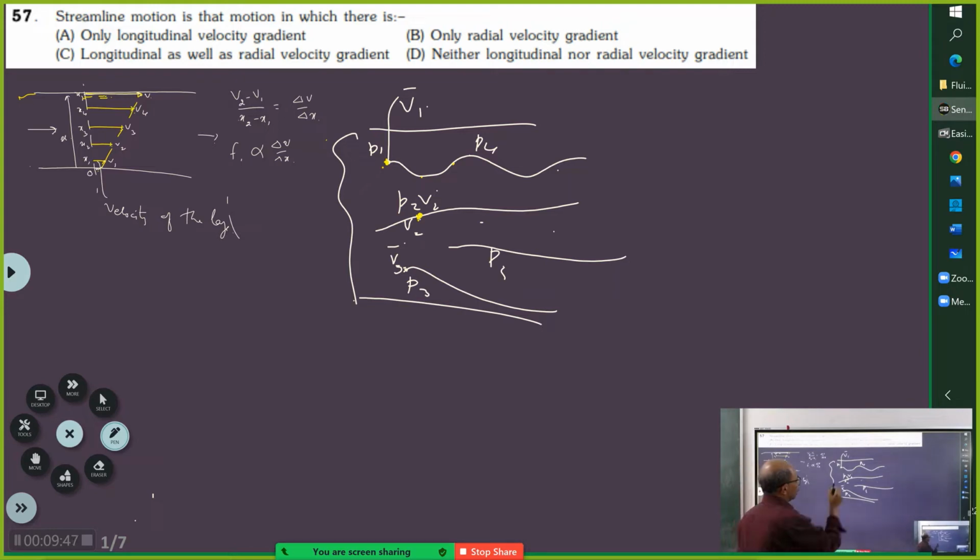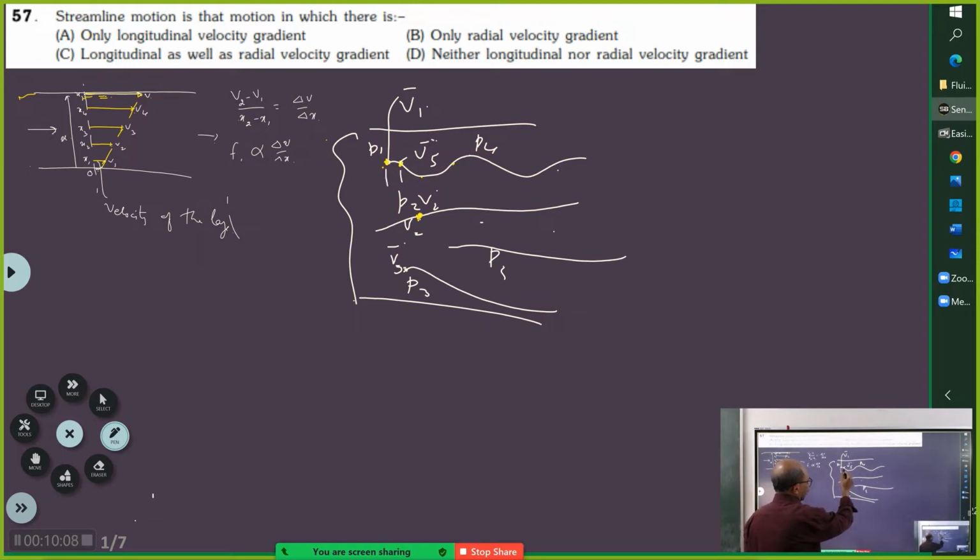Now, when you go to another point here, the velocity here can be, say, V5 bar. So now what you can see is the velocity here and the velocity here.